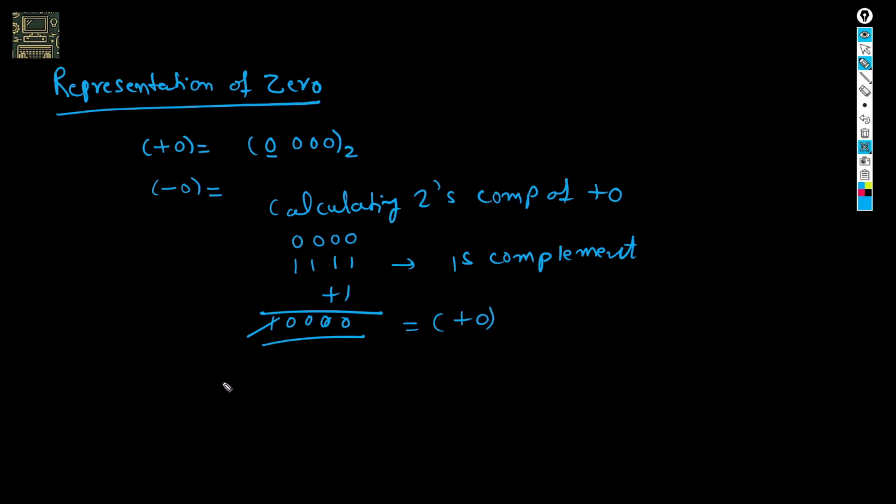So that's why 0 has only one representation in 2's complement format, which is nothing but plus 0. There is no representation for minus 0. So this is again an important property of 2's complement representation of integers.